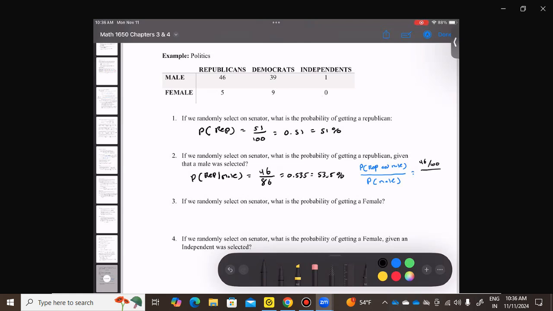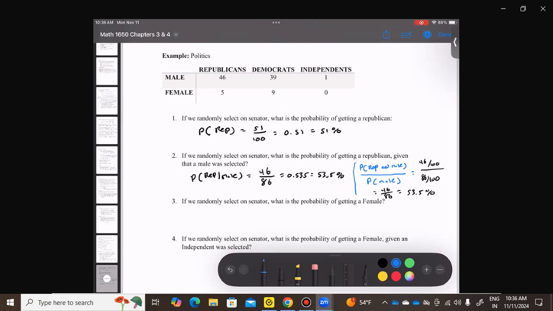And then the probability of just a male is 86 out of 100. So this works out to 46 out of 86, since the hundreds cancel, which is again 53.5%. So that's how you would follow the equation that we have for this.